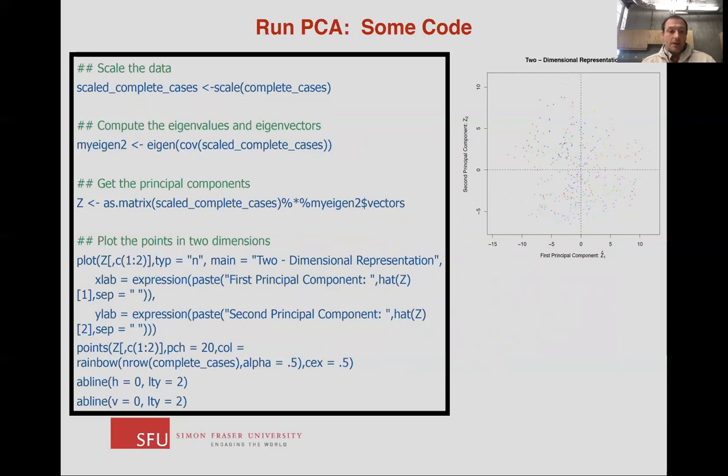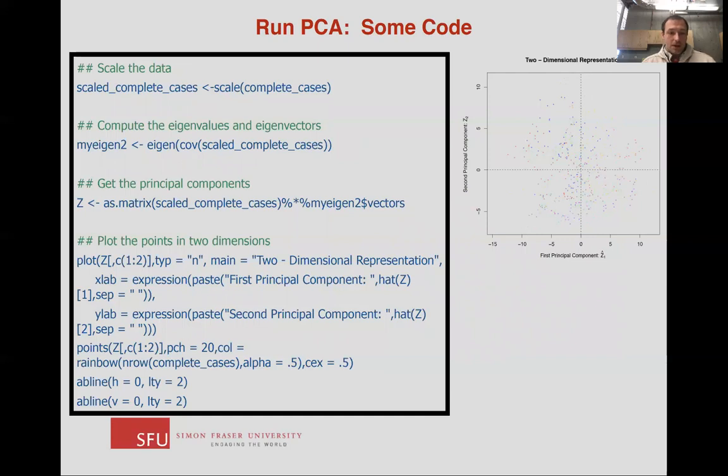And then I get the principal components. Here I am multiplying my scaled data times my eigenvectors. So it's a W times X. That's what we're seeing right there. And now I'm plotting the points in 2 dimensions.